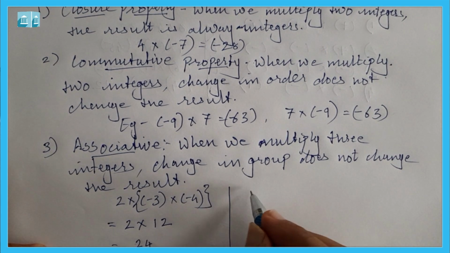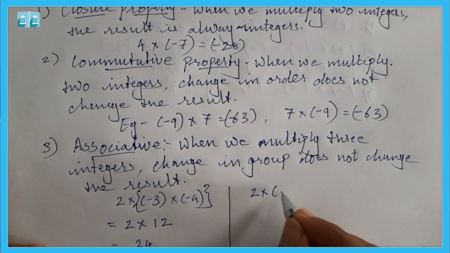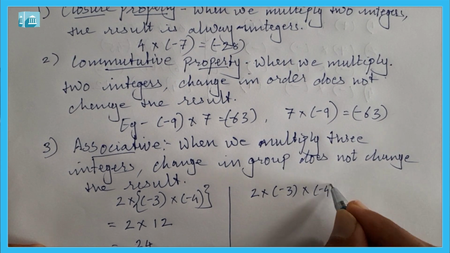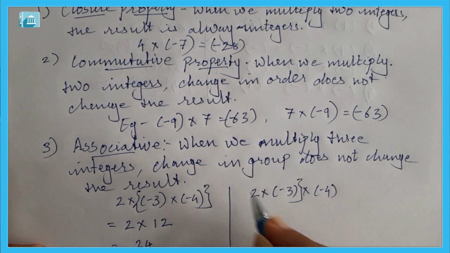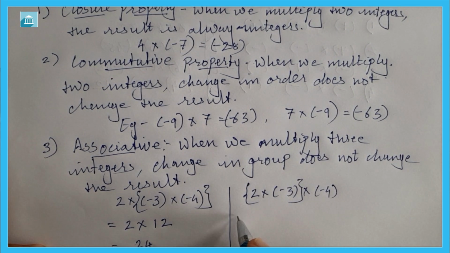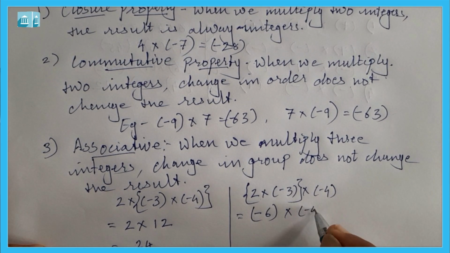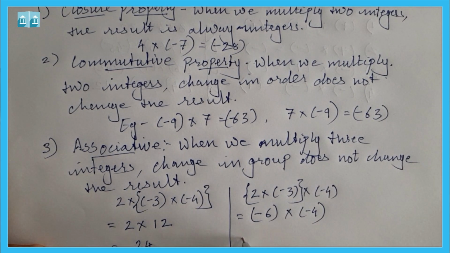Now let us see, if we change the group, that is 2 into minus 3, into minus 4. Now 2 into minus 3 is minus 6, into minus 4.